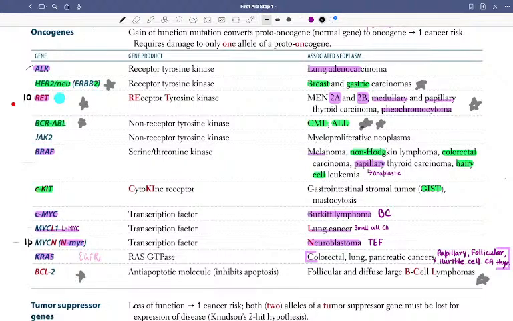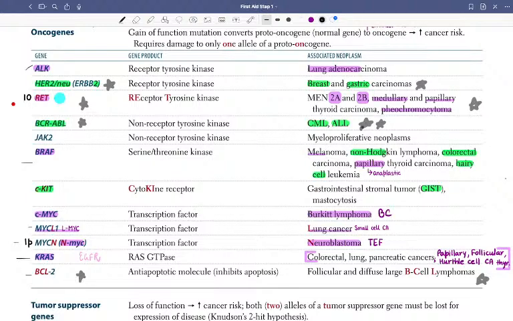KRAS is colorectal, RAS, pancreatic cancers, and papillary follicular thyroid carcinoma. Once more we'll do it again tomorrow. BCL2 is anti-apoptotic, inhibits apoptosis. B-cell lymphoma, follicular.